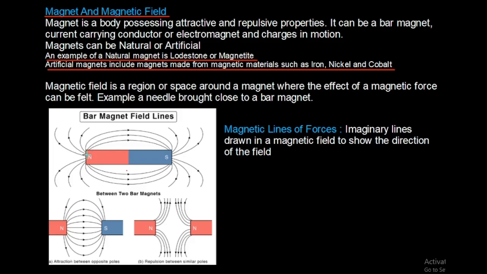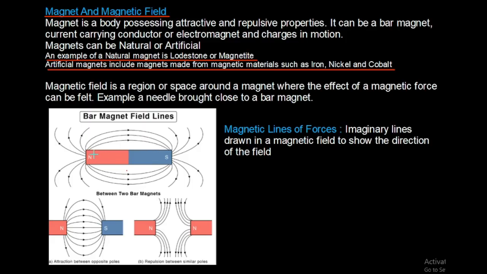Magnetic lines of forces are imaginary lines drawn in a magnetic field to show the direction of the field. So they also describe the magnetic field around the bar magnet.